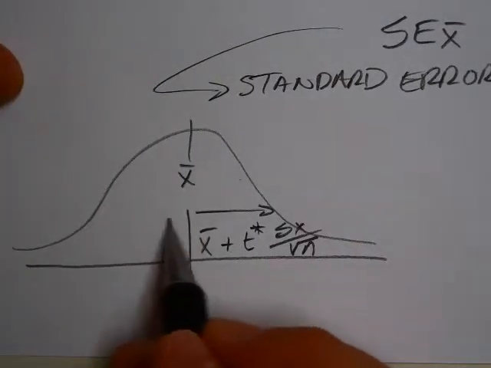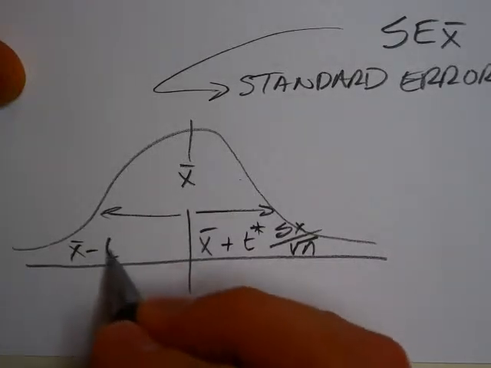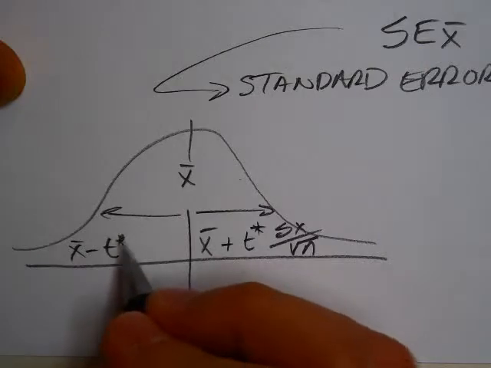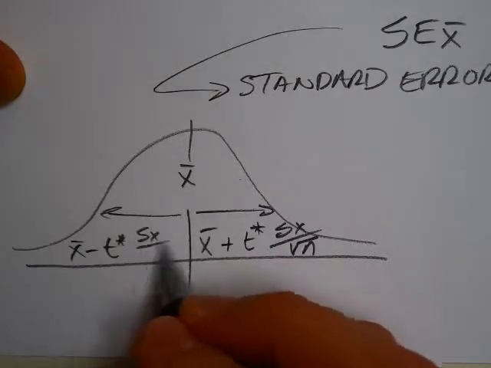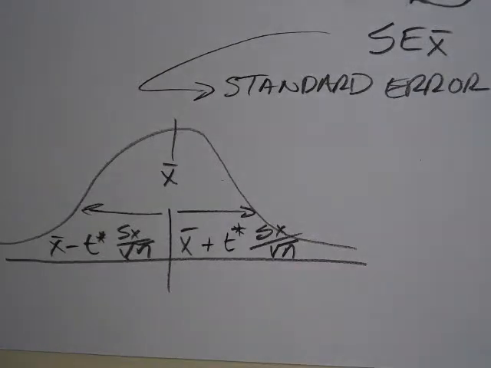And x bar minus t star sx over square root of n. So what the t star sx over the square root of n is, that's your margin of error.